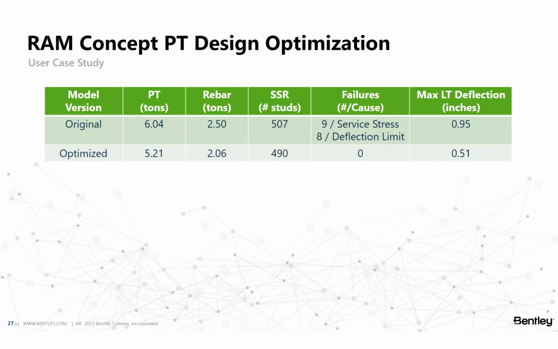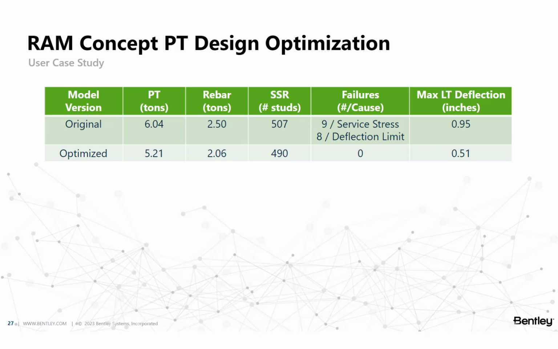And what I mean by that is we were adding post-tensioning in that area or changing the tendon profiles, and we found that while we could eliminate the failures in that localized area, we were just creating a different design issue or a different deflection concern in a nearby area of the floor. And that type of problem is pretty typical when using finite element analysis products like RAM Concept. You'll find that making a small tweak in one area just leads to a different result in a different area of the floor.